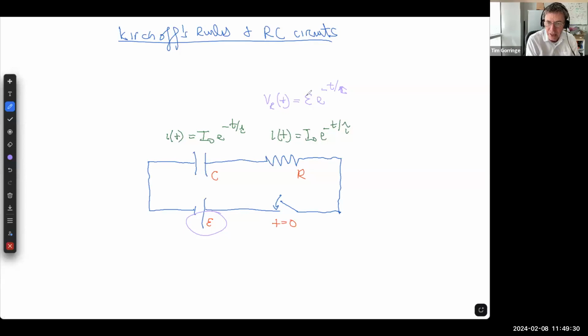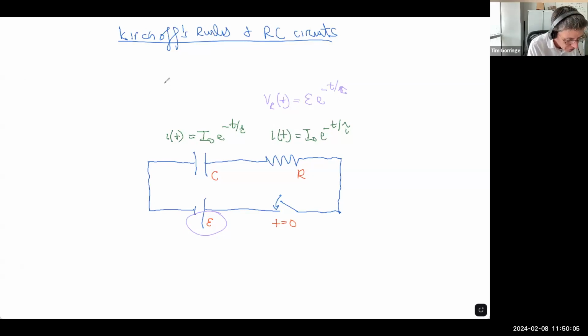The proportionality constant here is just the fact that at time zero, the entire voltage of the battery is across the resistor and none of it is across the capacitor. So this is the time dependence of the voltage across the resistor. Again, it has this exponential form with a negative exponent, indicating that this voltage will start out at a maximum, the voltage from the battery, and then drop off as a function of time, and eventually become zero when the time is much greater than the time constant.